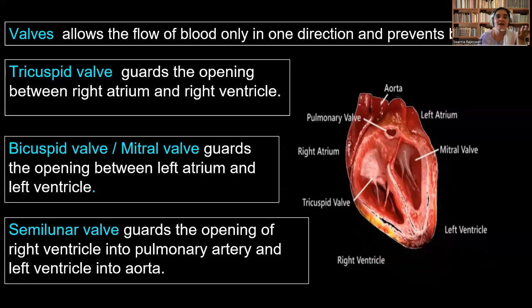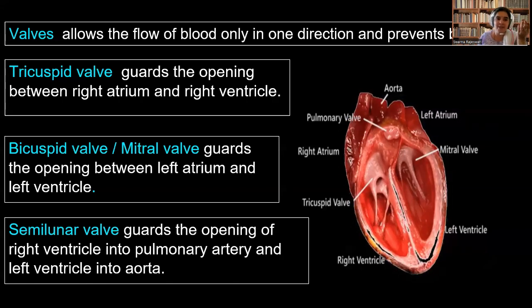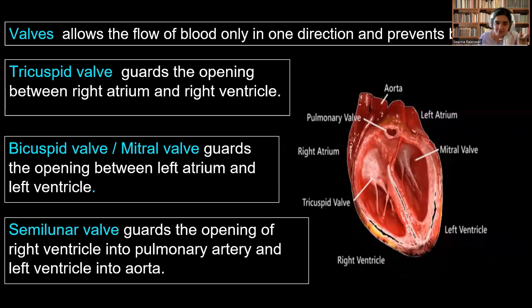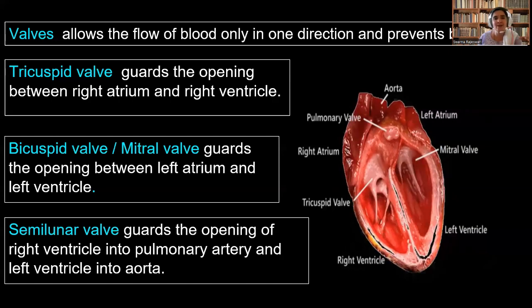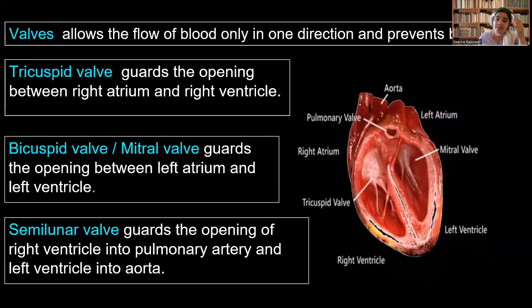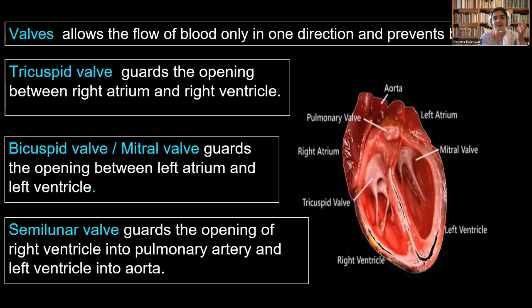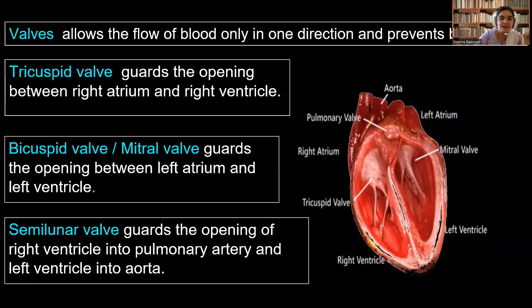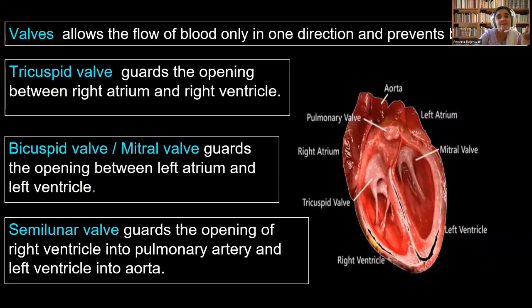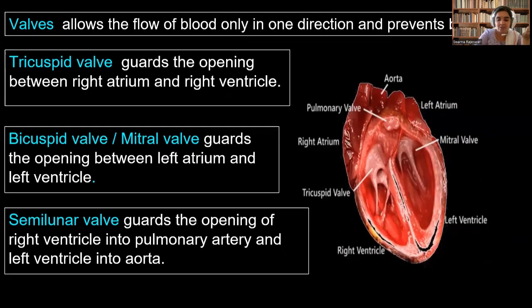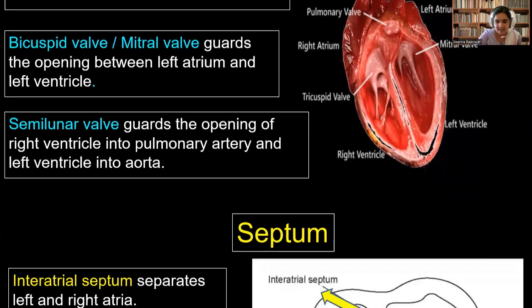The tricuspid valve is present near the opening between the right atrium and the right ventricle, whereas the bicuspid valve is present in the auriculoventricular septum, the opening near the left auricle and the left ventricle, and semilunar valves are present near the pulmonary artery as well as the aorta. And we have seen that the Eustachian valve as well as the Thebesian valve are also present, which are remnants in the adults.